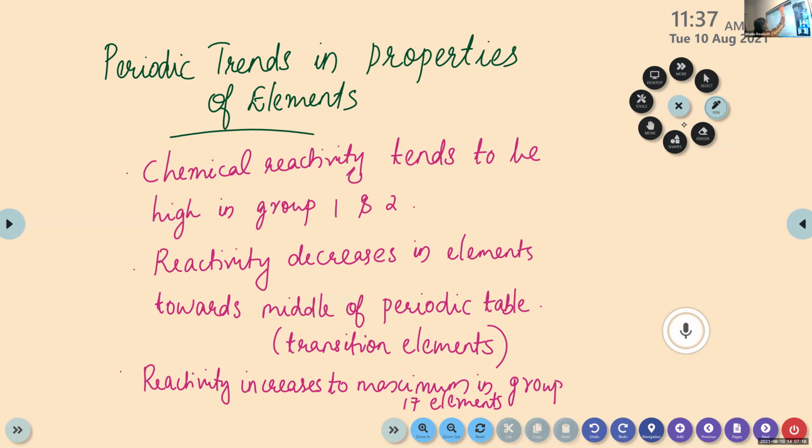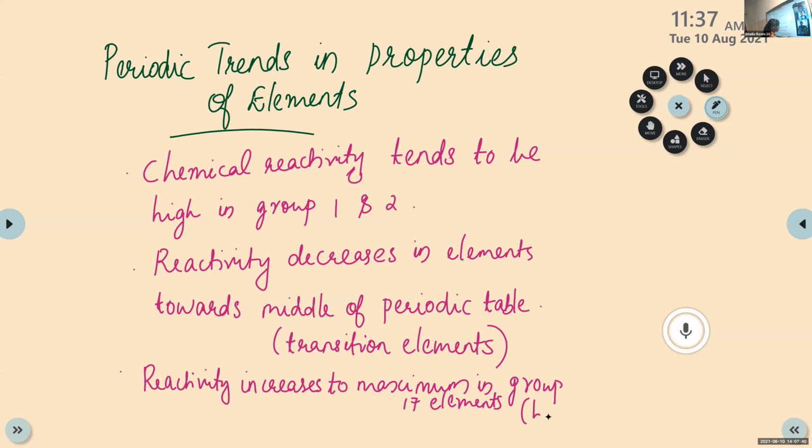Sarah, can you please read the slide? Yes. The chemical reactivity tends to be high in the group of 1 and 2. The reactivity decreases in the elements towards the middle of the periodic table, the transition elements. The reactivity increases to the maximum in the group 17 elements.